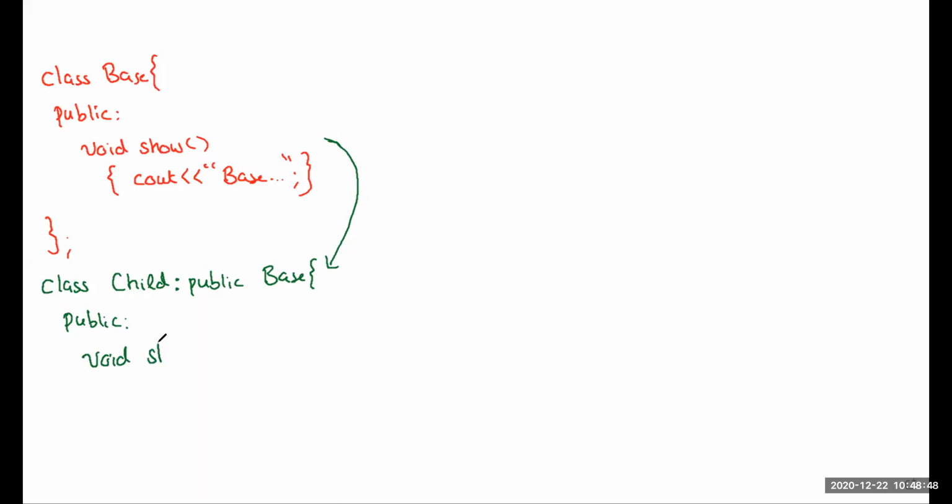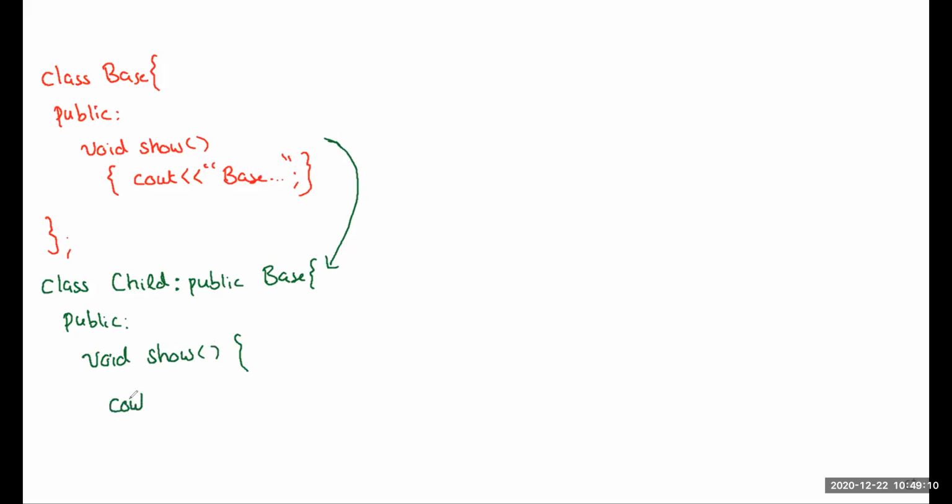This is actually function overriding, which I told you. You see the name of the function is exactly the same, the return type is void, there are no arguments. If you change it, then it will not be function overriding, then it will be function overloading. For example, if you change the arguments, then it is not function overriding. The arguments, the name, as well as the return type all have to be exactly the same.